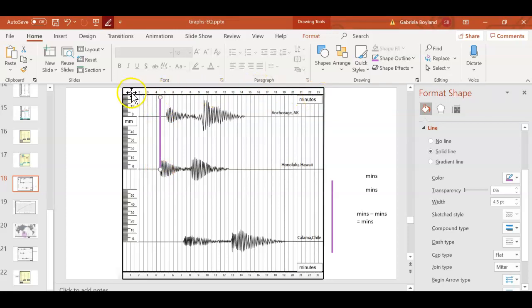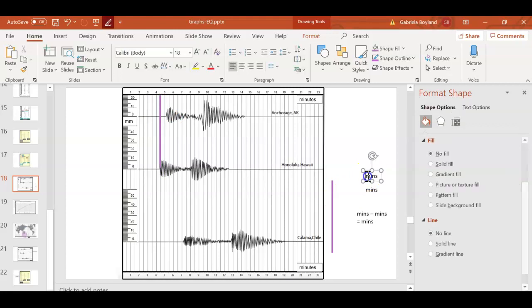This is 1 minute, 2 minutes, 3 minutes, 4 minutes, and so on. As you can see, the first wave, or the primary wave, arrived at about 4.4 minutes. Not quite at 4.5, but about 4.4 minutes. So I'm going to put this as 4.4.